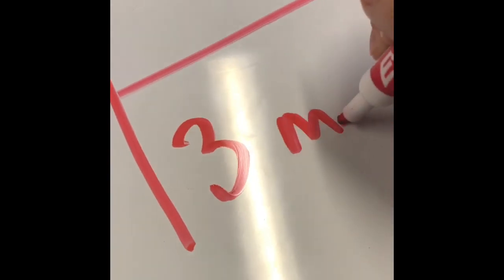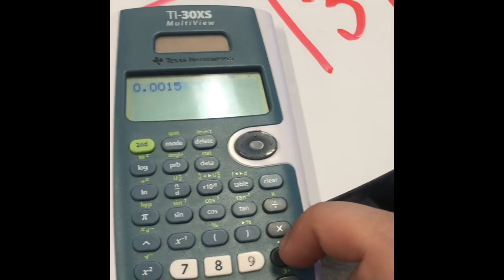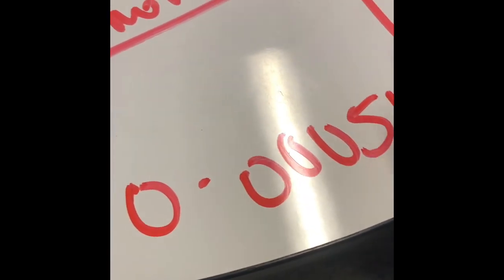And for our balanced equation, we had 3 moles of NaOH, 1 mole of citric acid, so when you do that, you get 0.000 mole of citric acid.